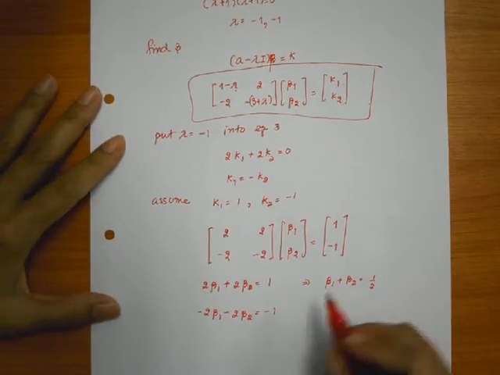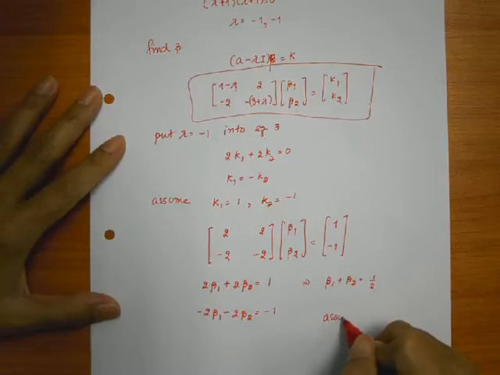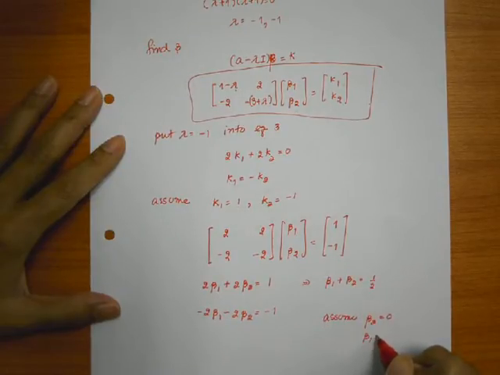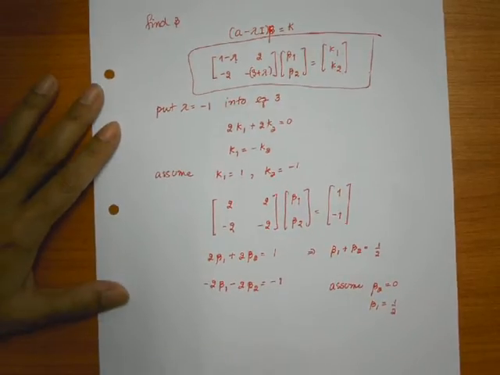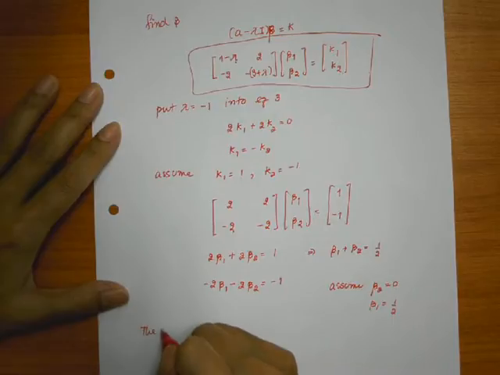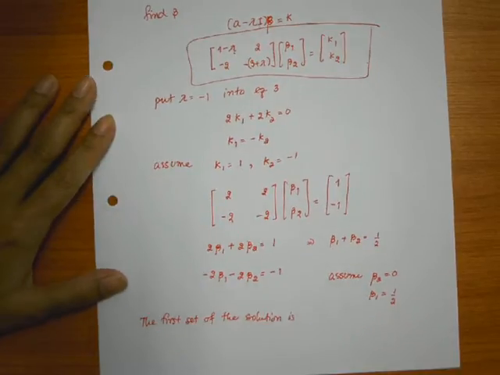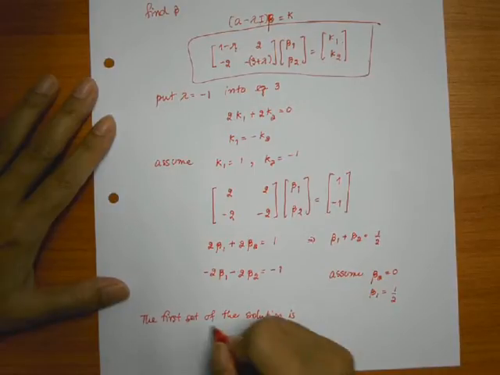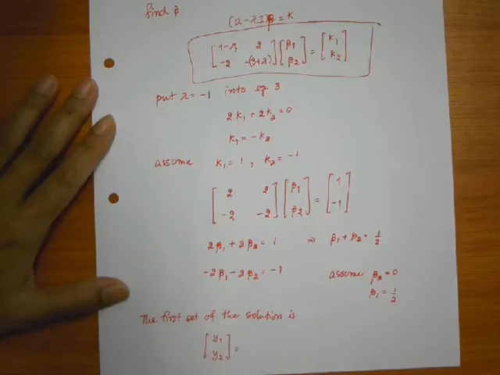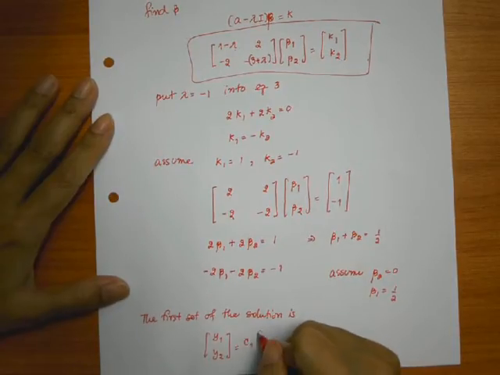So if I assume beta 2 is equal to 0, then our beta 1 is equal to 1 over 2. Okay. So the first set of the solution, y1, y2, is equal to c1 times k.